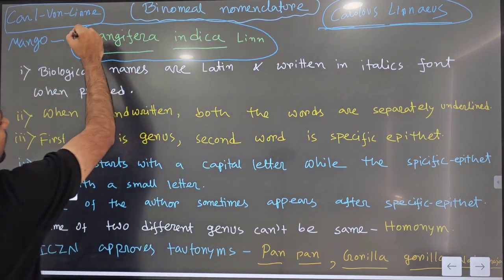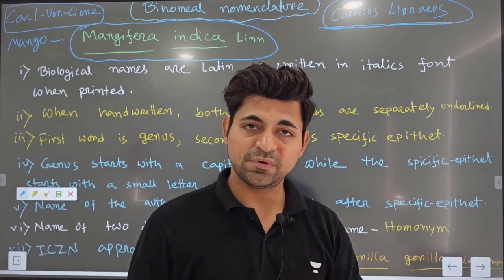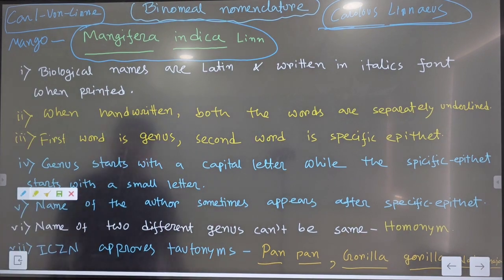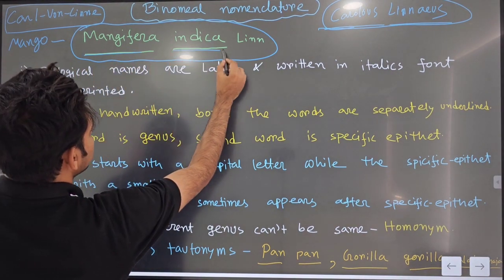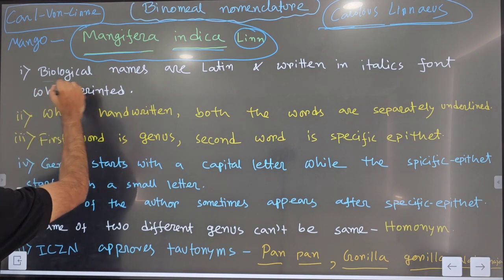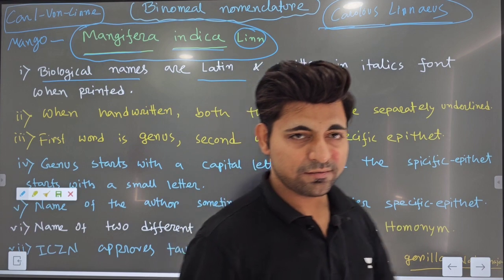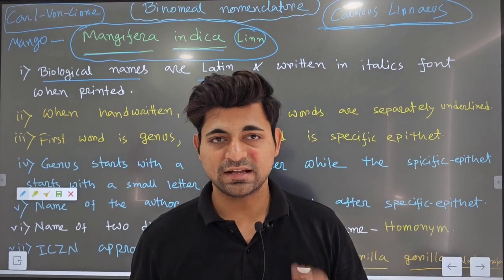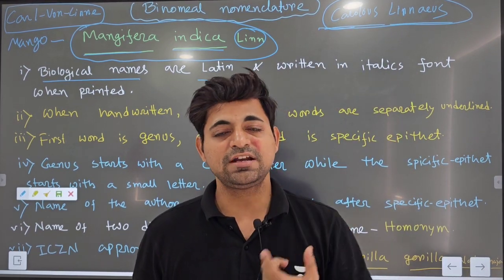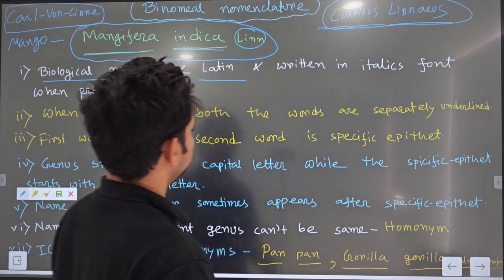Mangifera indica Linn. Now with this name we'll justify what binomial nomenclature is. Mangifera indica Linn. Okay. So first point, biological names are Latin. Whatever name you are giving scientifically or biologically, that name should be either in Latin or Latinized.